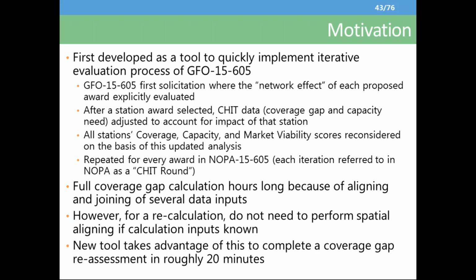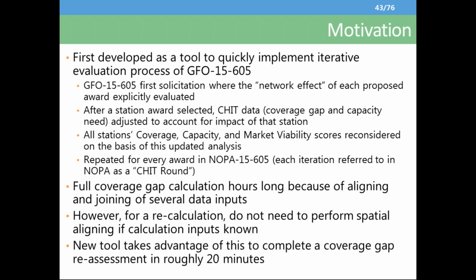And so that process, again, doesn't really require recalculating everything, spatially aligning everything. Every grid cell has all the information you really need just to adjust the new evaluation of coverage. And it's really only adjusting the new evaluation of coverage in the local area around that new station. So again, same concept here.